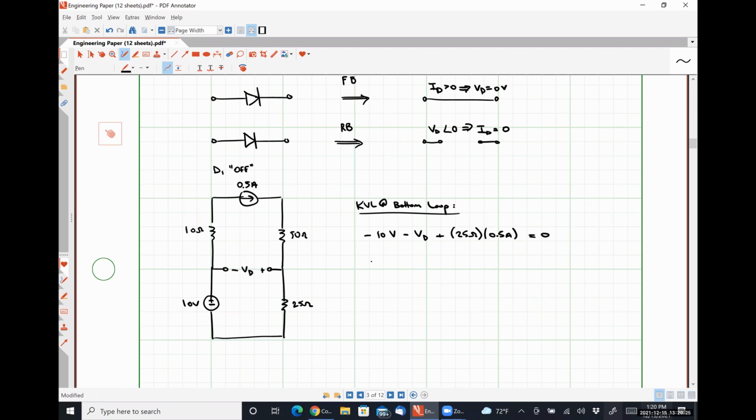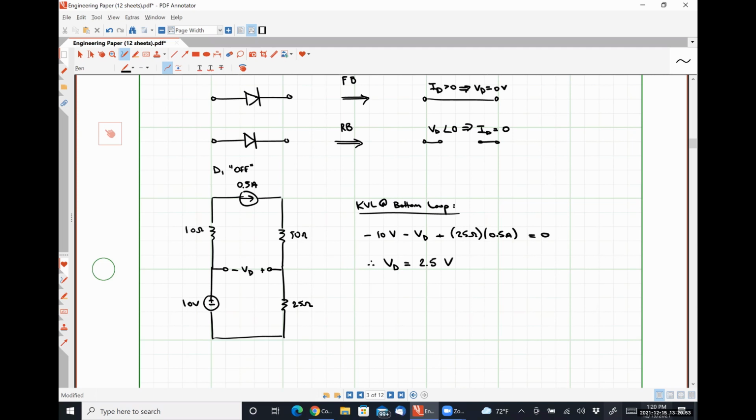And so from that, we see that VD, our diode voltage, is 2.5 volts. We can tell that this is a wrong assumption because our diode voltage is positive. If we are assuming that our diode is off, the voltage drop over the diode needs to be negative. If it is not negative, we picked wrong.